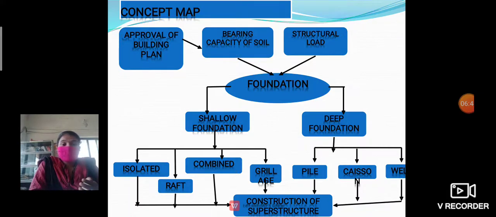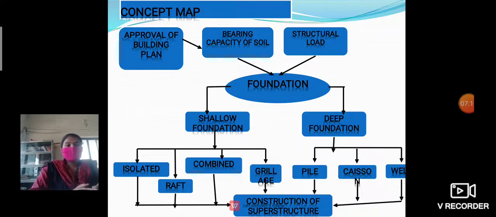And which types of foundation are contained in deep foundation? Pile, caisson, well foundation. Here, what is the concept plan? This figure shows that first of all we have to take the approval for the building plan.